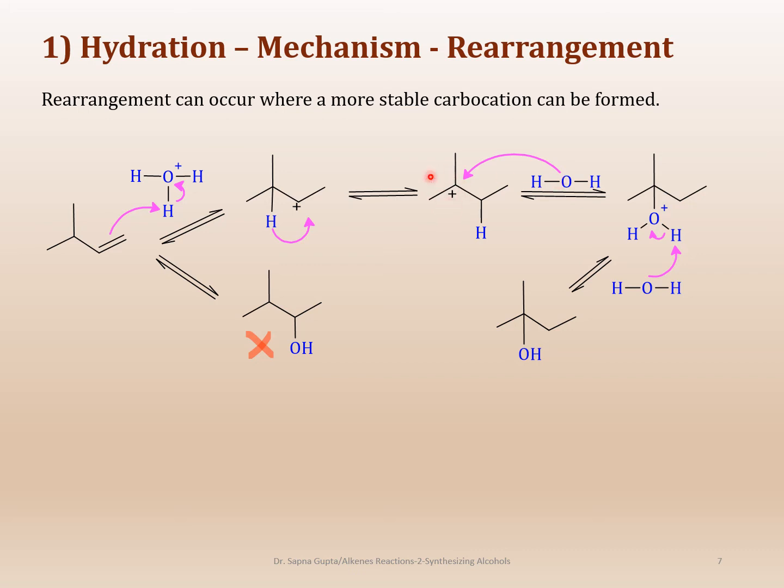So the water will never attack this carbocation, which means this will never ever form if you have this kind of starting material. The shift is going to happen. You will form the tertiary carbocation, and then the water will attack, and then you will deprotonate the oxonium ion to give this kind of an alcohol. So you will never get this, not even as a minor product, so don't go there.